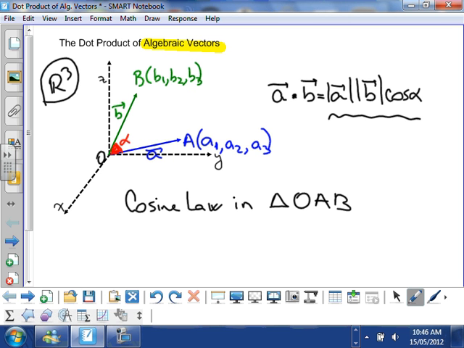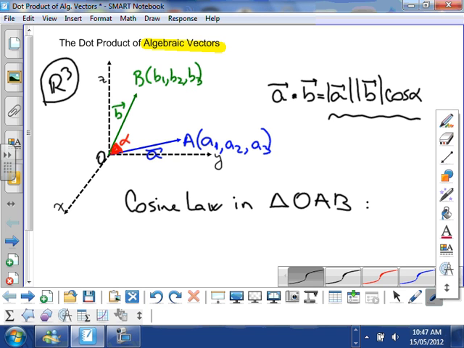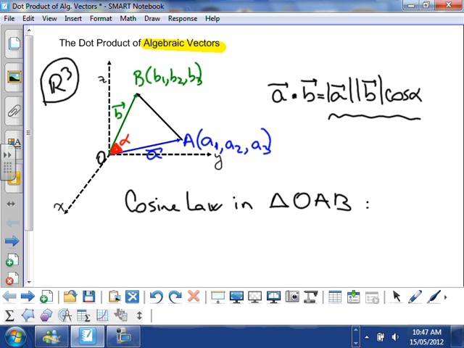How about we try to do that, applying cosine law in triangle OAB. First of all, I'm going to do it as a vector. There you go. This is my vector AB. Doesn't really matter because I'm going to use magnitude.